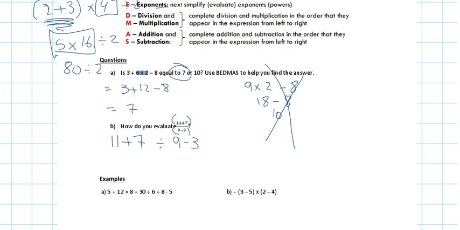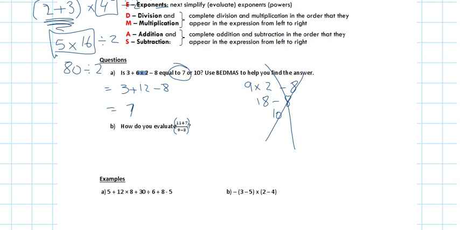So technically this is the same thing as writing this. Whenever you have that big line, you want to do the top by itself, the bottom by itself, then you want to do your division. You want to treat this as having brackets on top and brackets on the bottom.